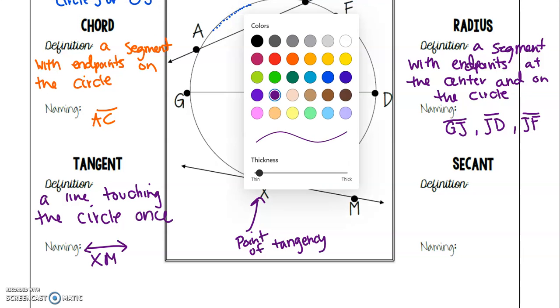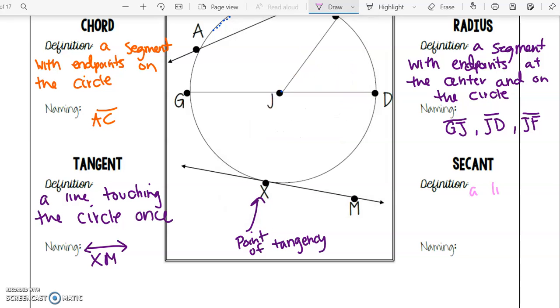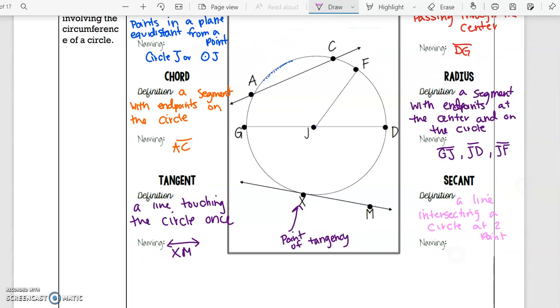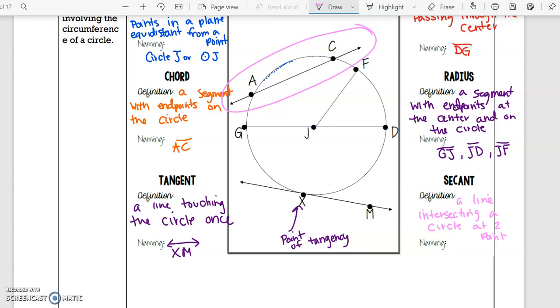Secant is our last word here, and it is a line intersecting a circle at 2 points. And so this is just basically a line that goes through the circle, touching at 2 points, not one, but two. And so it would be this line up here, AC, with our arrows, that would make it a secant.